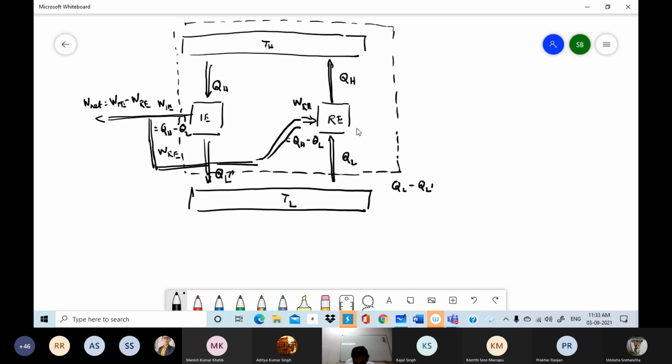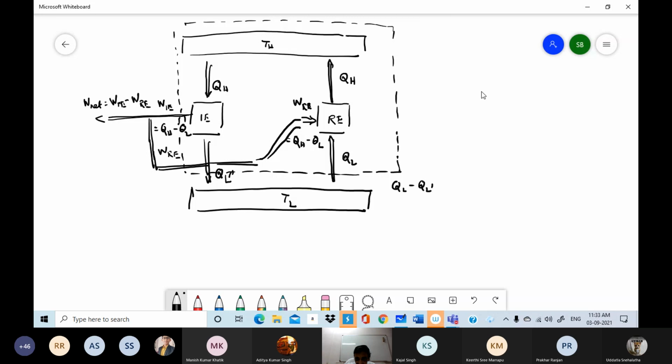But evidence so far says that the second law of thermodynamics holds. So therefore, our assumption that the irreversible engine can have higher efficiency must be wrong.